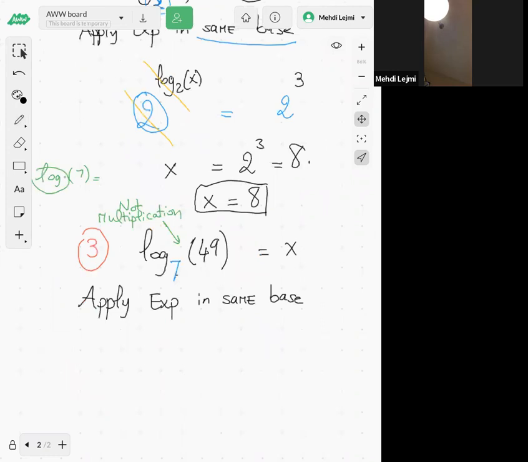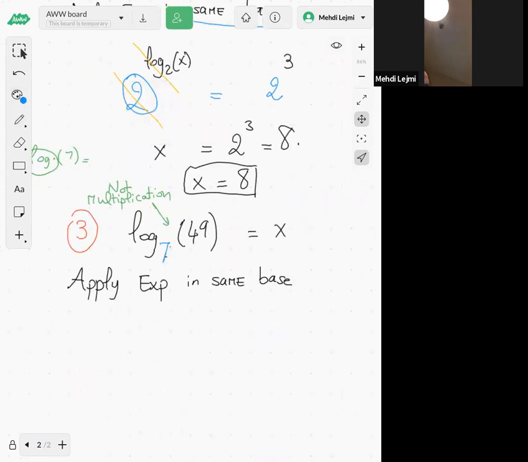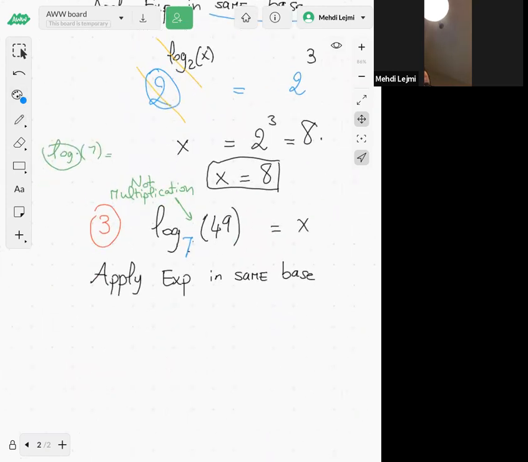When I say exponential, guys, it means a number to some power. So exponential base 7 means the number 7 to some power. The power I'm going to put on the two sides of the equation. So here it's log in base 7 of 49, and the other power here would be x.